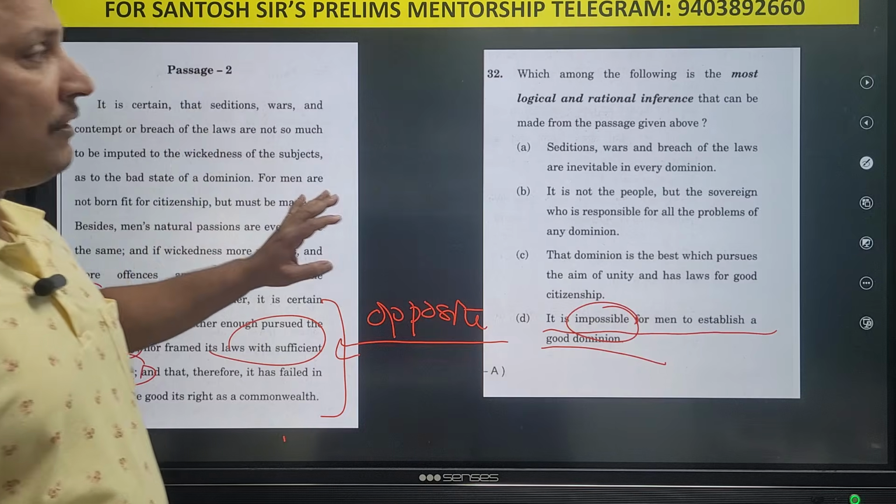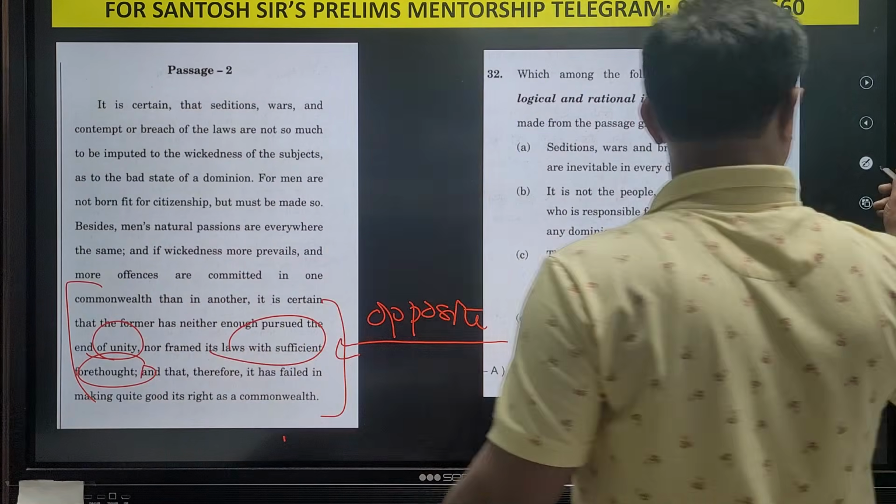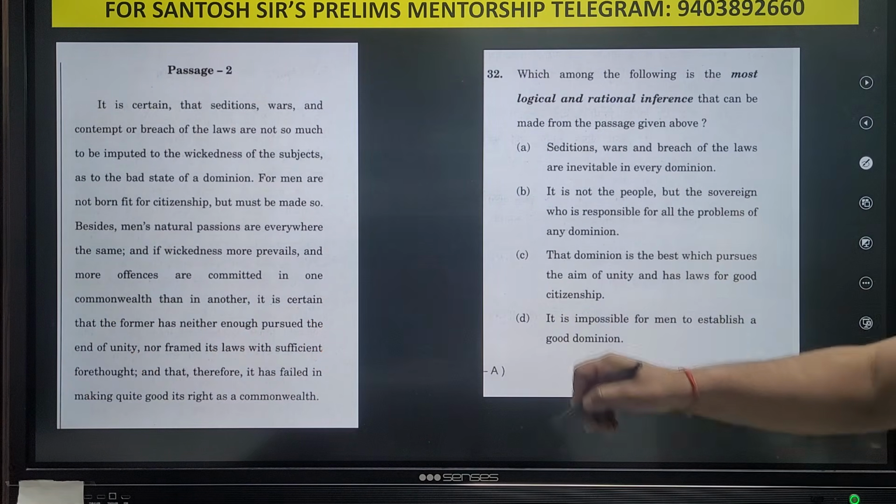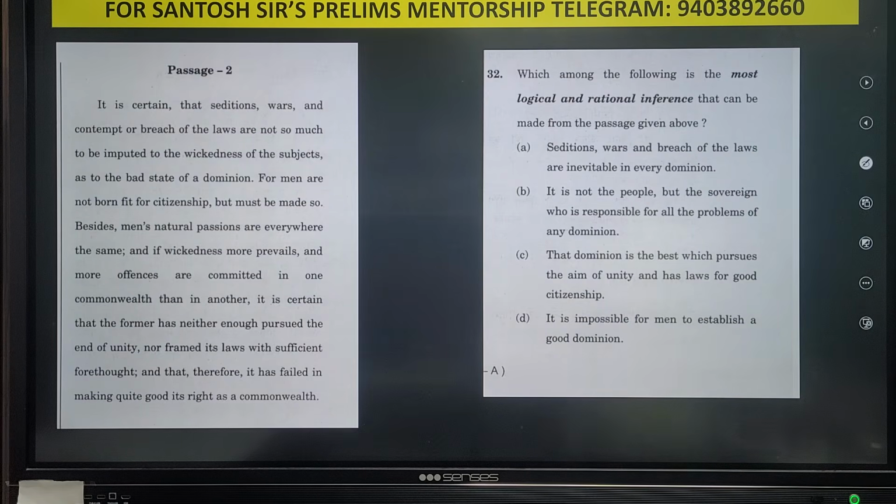Now you can read the passage again and try to solve this question. The passage talks about how seditions, wars and contempt or breach of law are not so much to be imputed to the wickedness of the subject as to the bad state of a dominion. For men are not born fit for citizenship but must be made so.